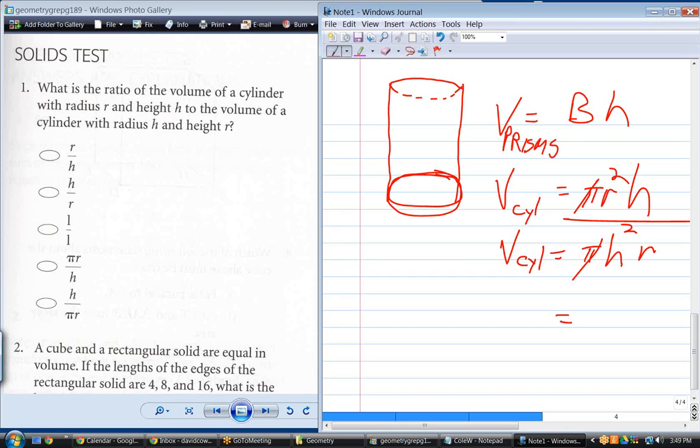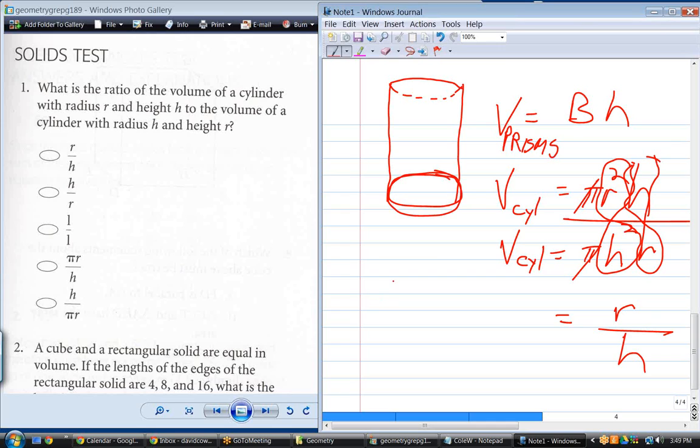Okay. However, you can do something with the r squared divided by r. What does that equal to? R. In the numerator. And how about the h divided by h squared? H. In the denominator. All right.